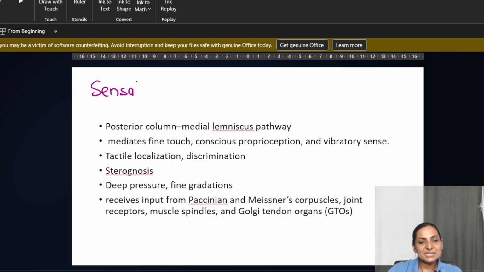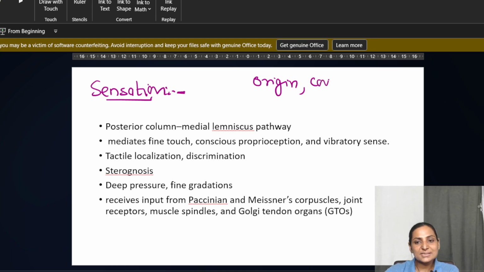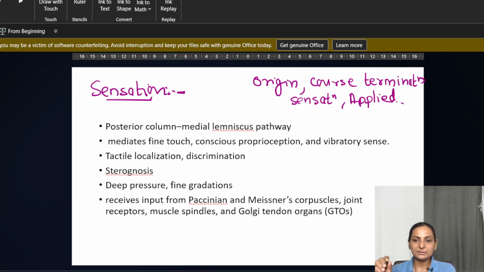Whenever you are explaining any tract, you have to write about its origin, its course, its termination. You have to write about what sensation it carries and a few points about the applied part of the tract. So these are the points which are going to complete the LAQ.